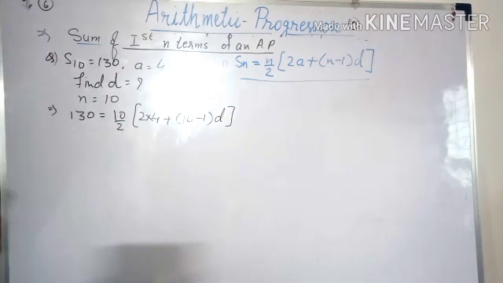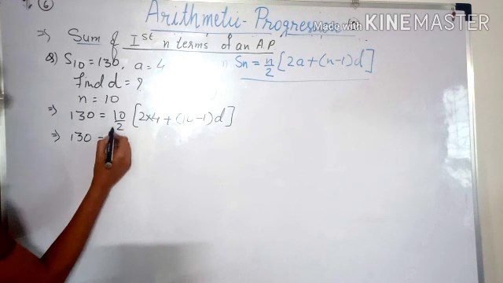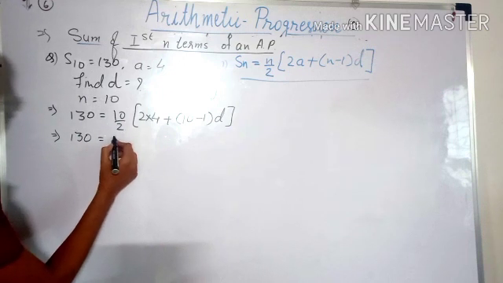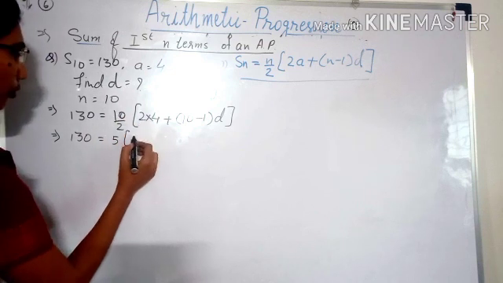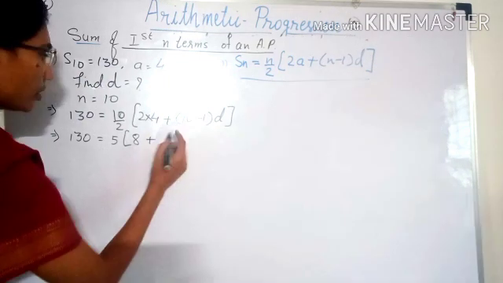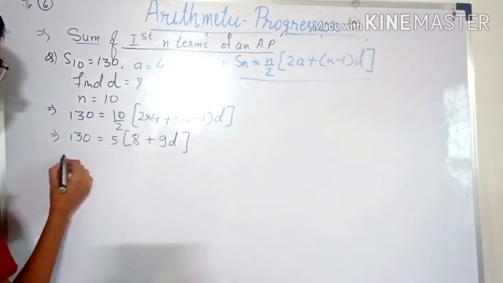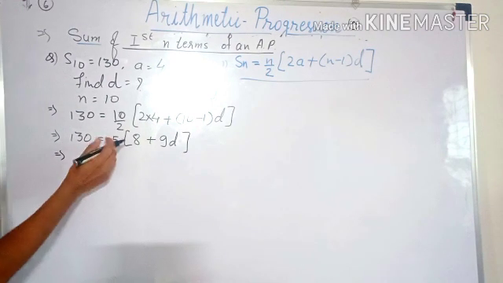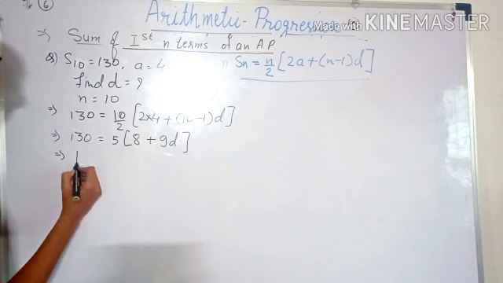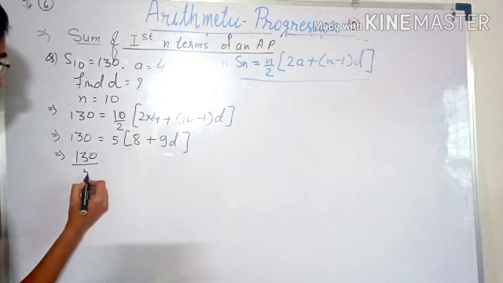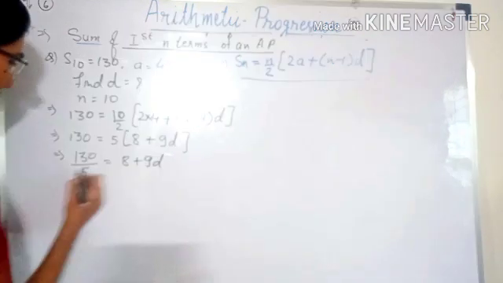Solve it, we will get 130 equals to 10 divided by 2 is 5. We are dividing this, okay? Equals to 2 into 4, 8, plus 10 minus 1 is 9d. So instead of solving this, we will shift this 5 to the other side, that is 130 divided by 5 equals to 8 plus 9d.